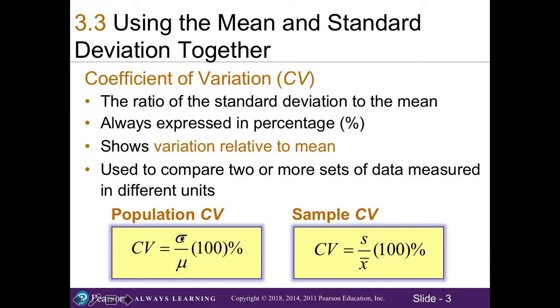So we'll take the standard deviation of the population divided by the mean of the population and then multiply by 100%. Similarly, for our sample coefficient of variation, we have lowercase s, which is the sample standard deviation, and we have x bar, which is the mean of the sample, or the sample mean. And then we'll divide the two and multiply by 100%.